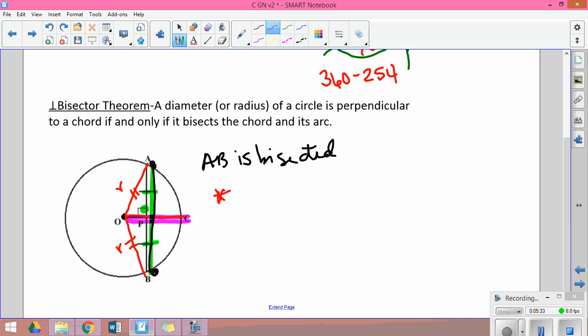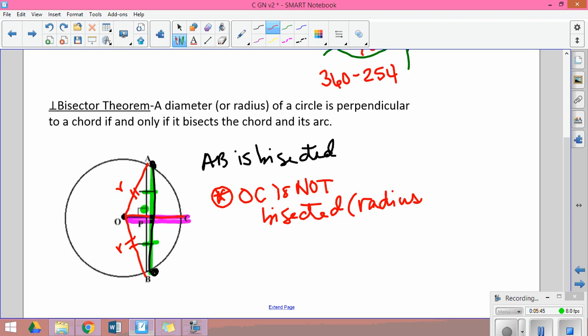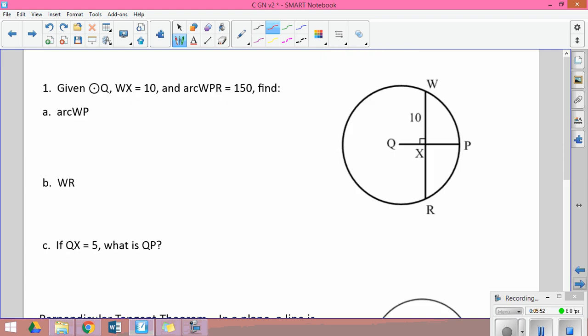And that is super important. OC is not bisected. That is the radius. So you have to remember, it's kind of like in a kite, which part is bisected and which part is not bisected. So if we look at an example, as always, let's just look at our picture to start with.